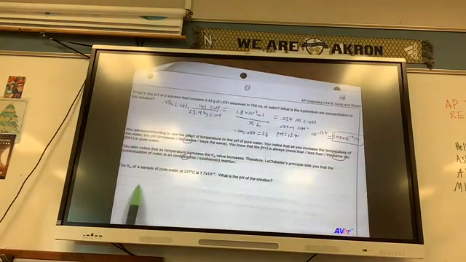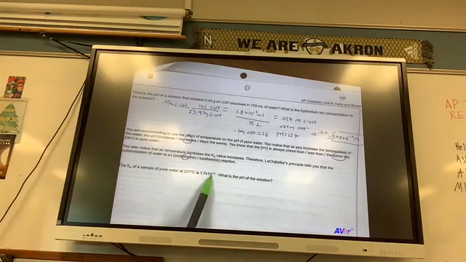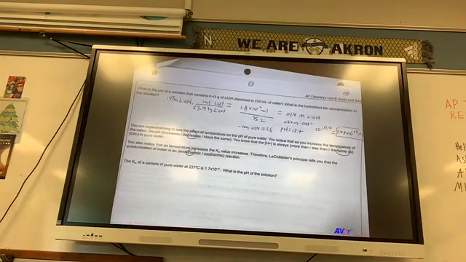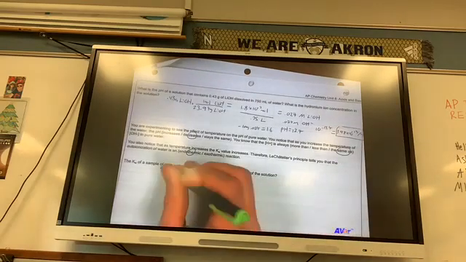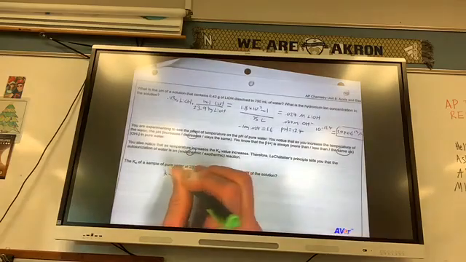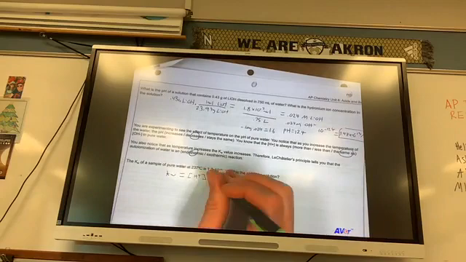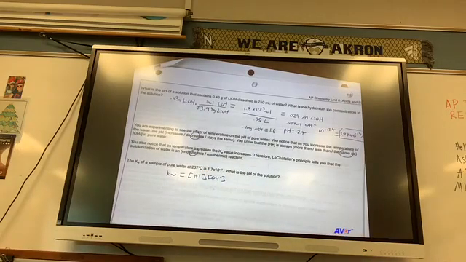So, the Kw of a sample of pure water at 237 degrees Celsius is 1.7 times 10 to the negative 11th. What's the pH? So, first thing I would do is write out my Kw expression. Kw equals concentration of H plus times the concentration of OH minus. Will I have any reactants on the bottom? No, because it's a pure liquid.